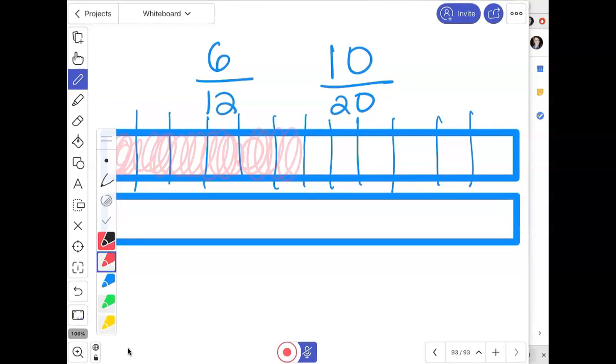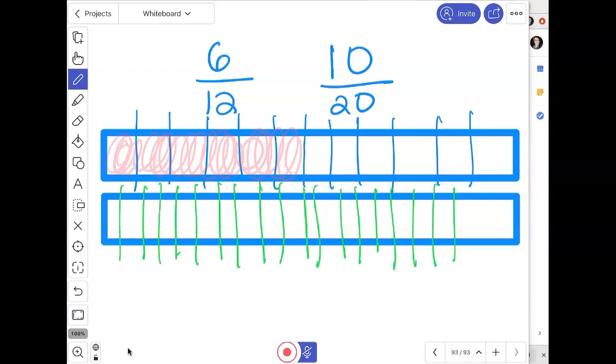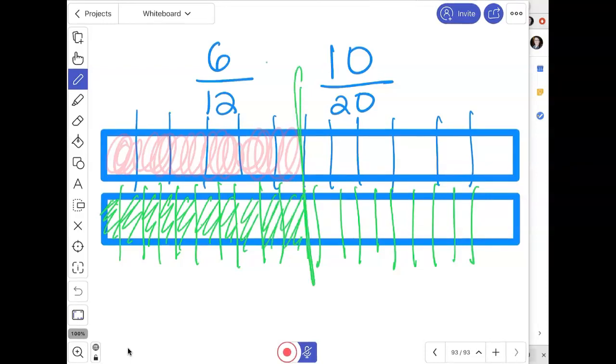Now I'm going to come down here and I'm going to break this into 20ths. Again, I'm wondering why did I pick this number? Okay, shading that in. 1, 2, 3, 4, 5, 6, 7, 8, 9, 10. So these are exactly the same, therefore they're equal.